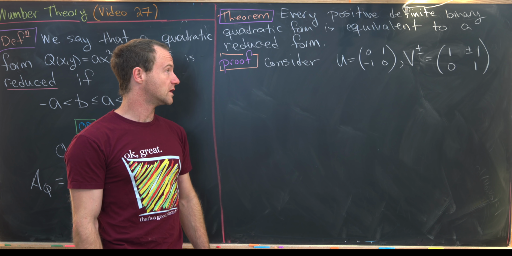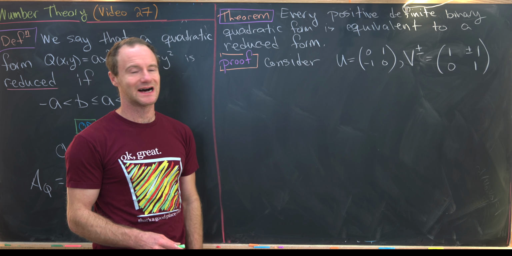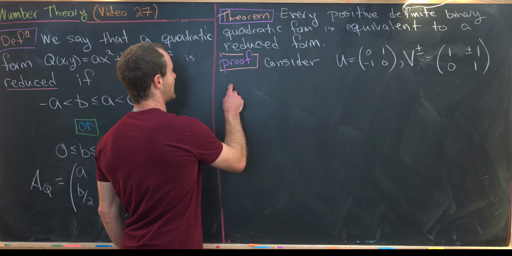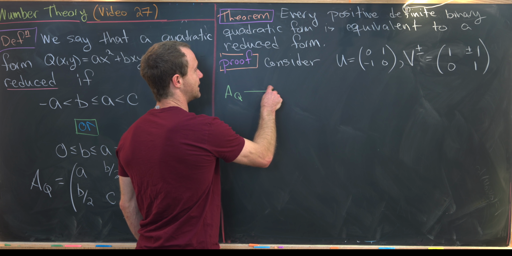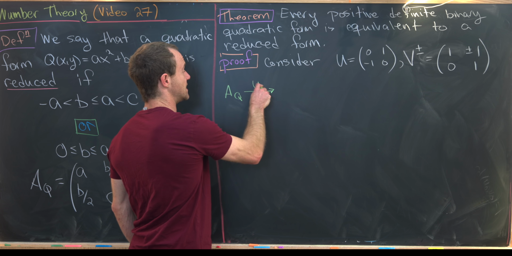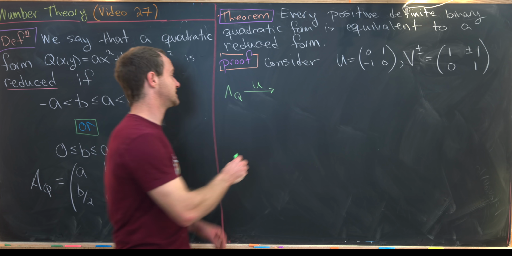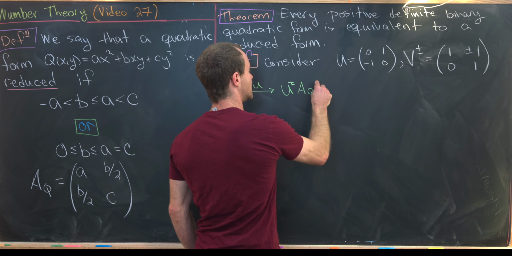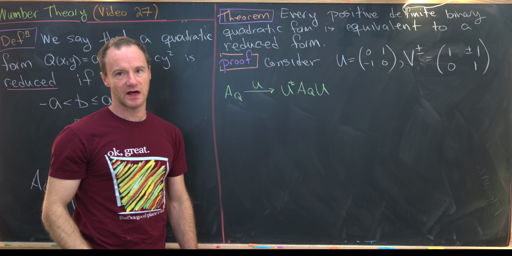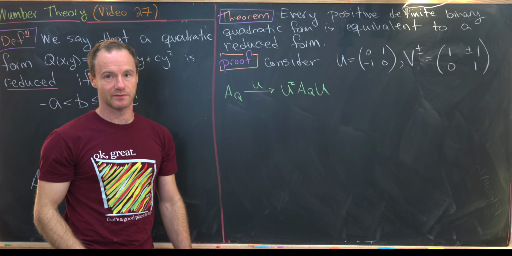And furthermore, we want to introduce the following time-saving notation. If we start out with a matrix AQ and put an arrow over it with a U, that turns into U transpose AQ U. So it's not multiplying by U, it's conjugating by U.